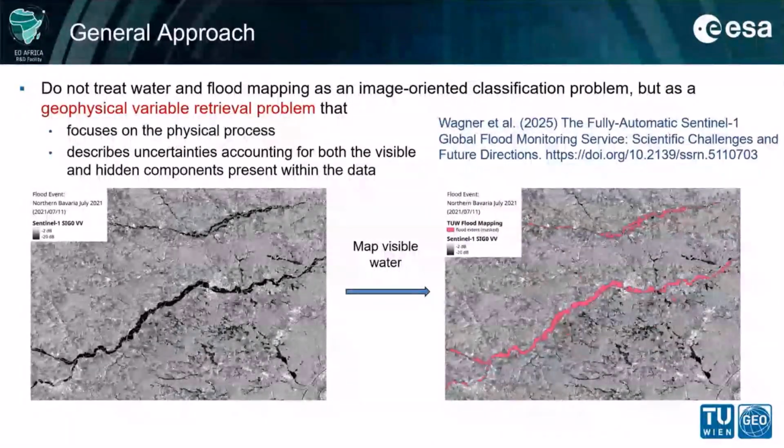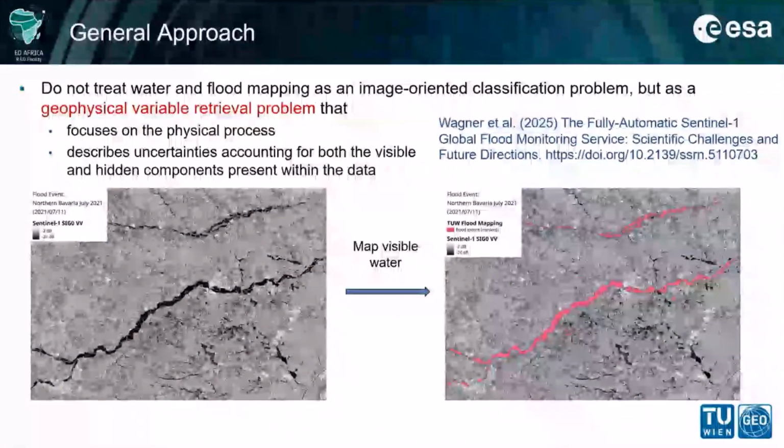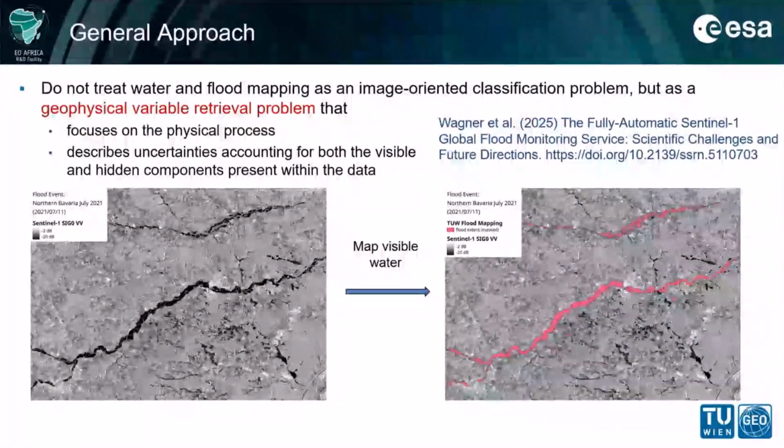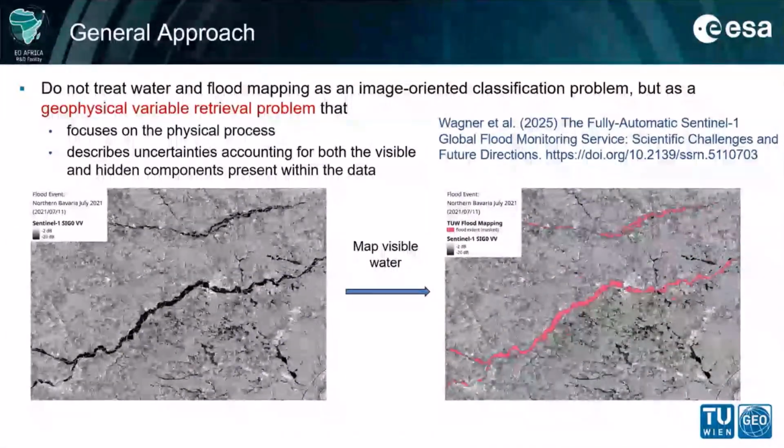I think in the case of surface water and flooding dynamics, we should shift more to a geophysical understanding and treat it as a geophysical variable retrieval problem. Meaning that we focus on the physical process to depict it as correctly as possible, and that we make dedicated efforts to describe the uncertainties, accounting for both visible and hidden components present within the data.